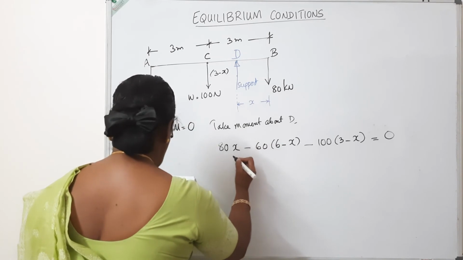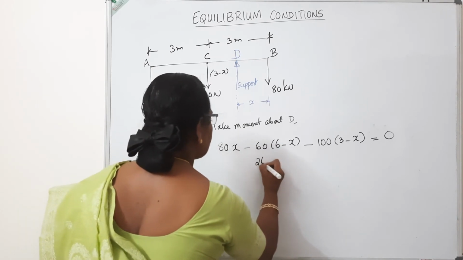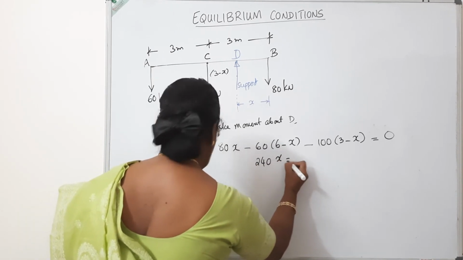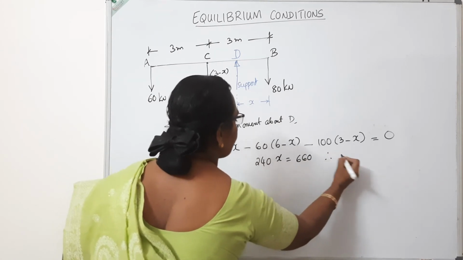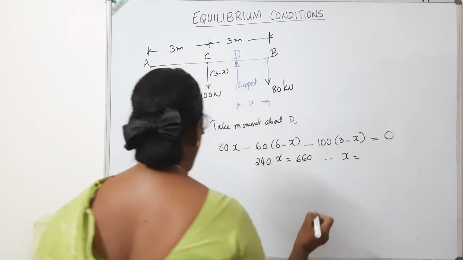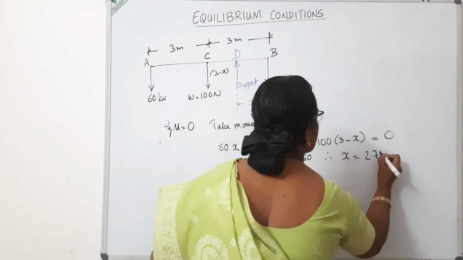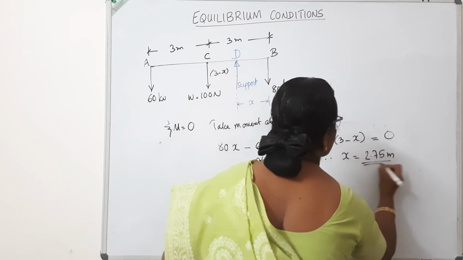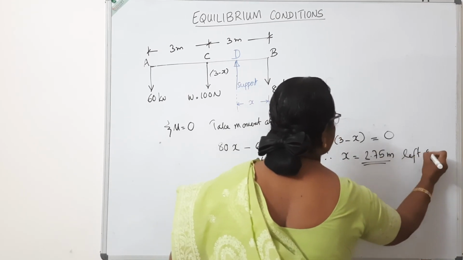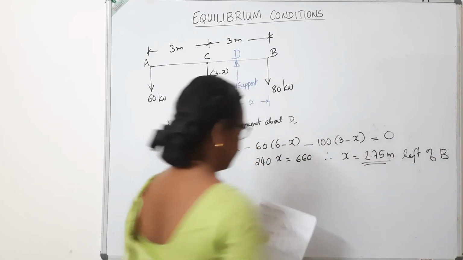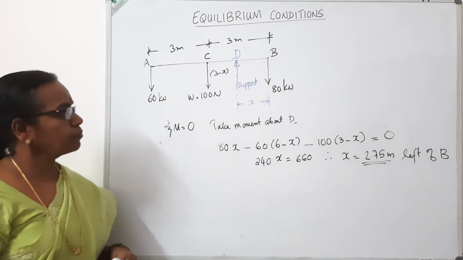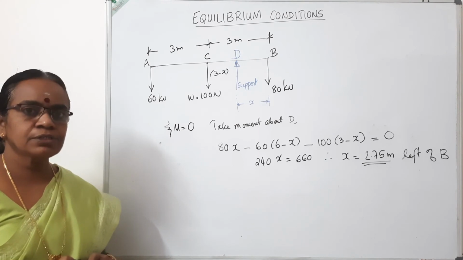Solving this, we will get 240x is equal to 660. Therefore, x is equal to 2.75 meter to the left of point B. So it should be supported at 2.75 meter to the left of B.